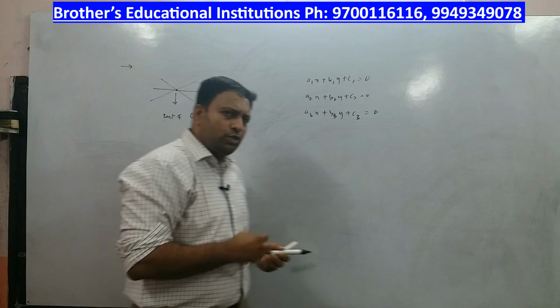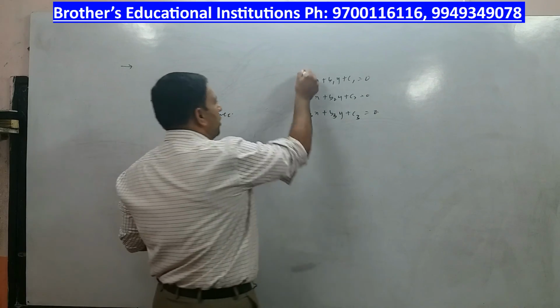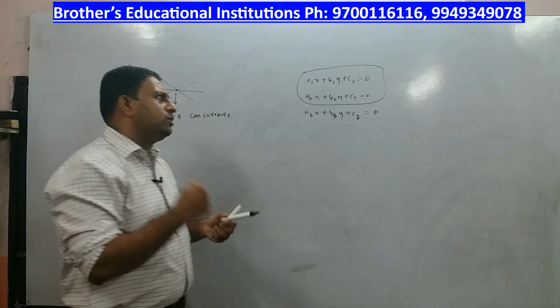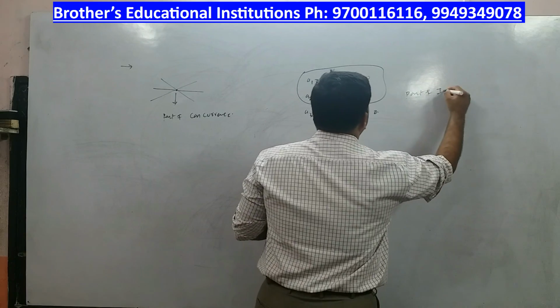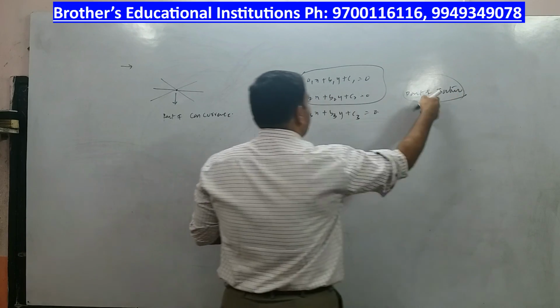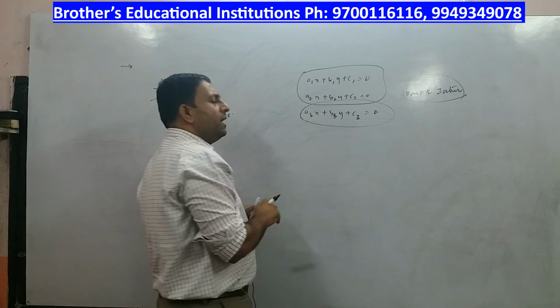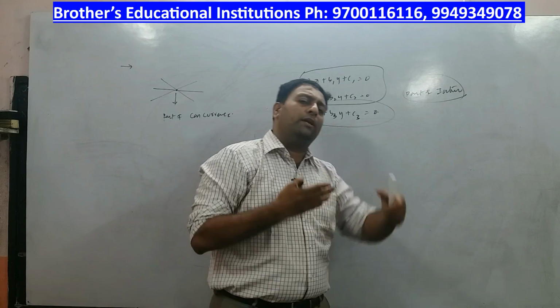He may ask you to show that these three lines are concurrent. There are two methods in which you can show the lines are concurrent. The first method is you try to solve two lines. When you solve these two lines by any method, what you get is a point of intersection. Now if you substitute this point of intersection in the third equation, and the equation is satisfied, then the point of intersection will become the point of concurrence.